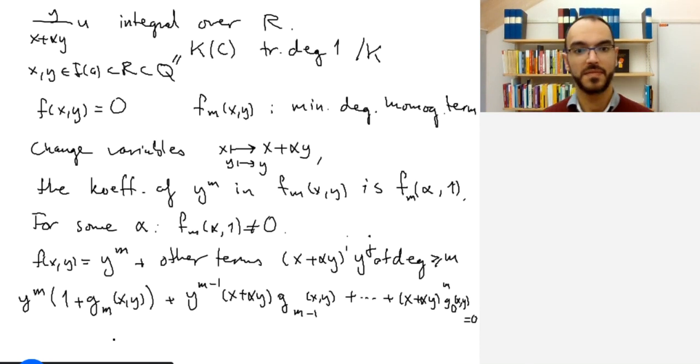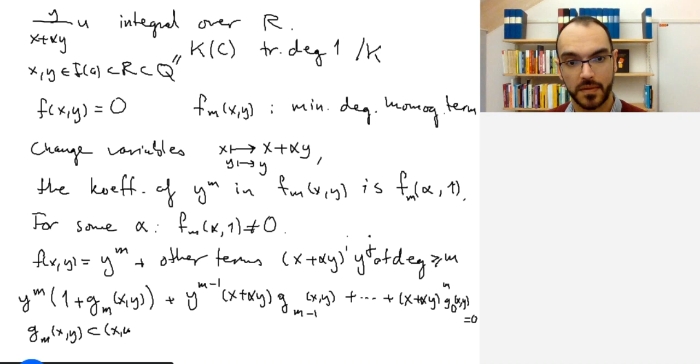I just rewrote everything. And by moving coefficients around, I can assure that this g_m of x, y, well, to begin with, doing this, because I have a 1 here plus terms of higher degree, this will be in the non-constant part. So it will contain multiples of x and y, so this will sit inside my ideal I of A. And for these other g_i, I can choose them as polynomials, for i smaller than m.